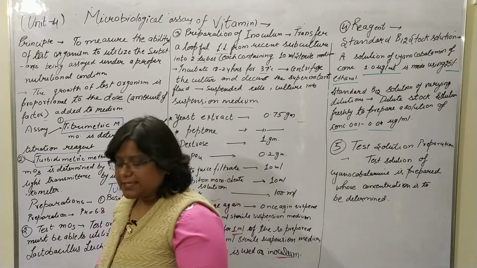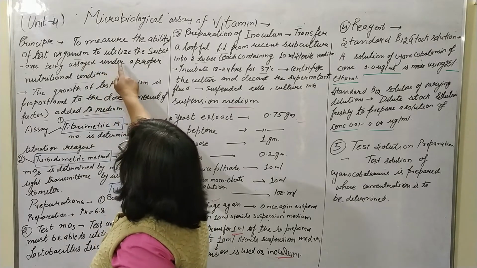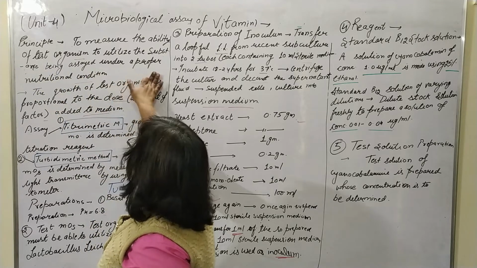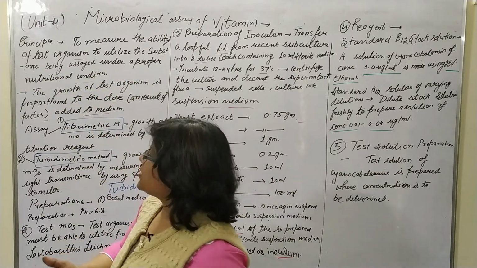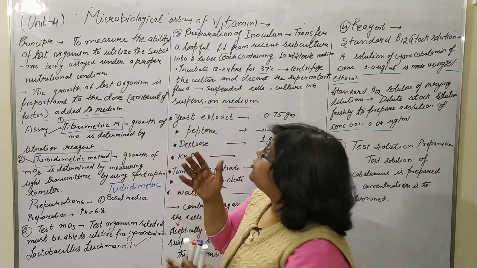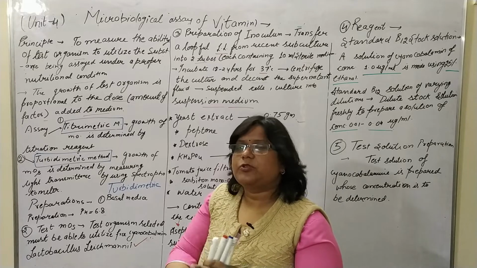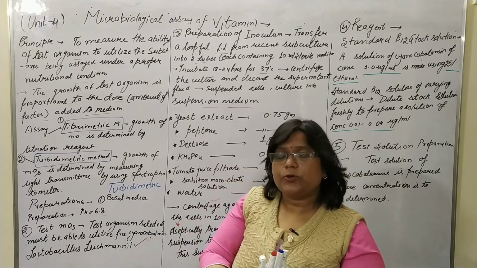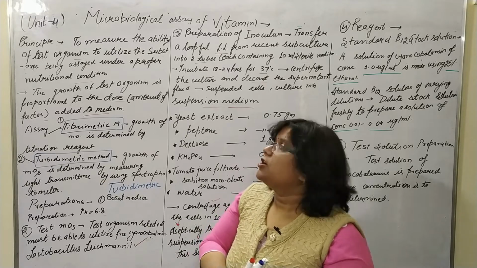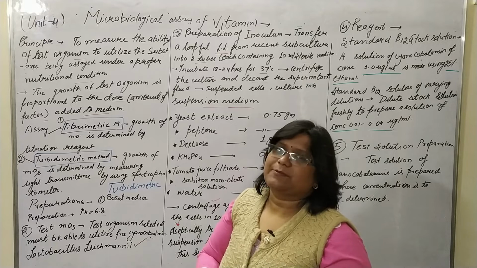So let's get started. Now, the principle is to measure the ability of test organisms to utilize the substance being assayed under proper nutritional conditions. The microorganism utilizes those components, like vitamin B12 or the other vitamins, so that they can grow and show the response.